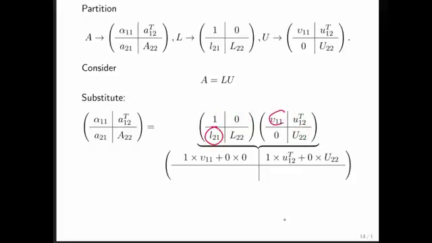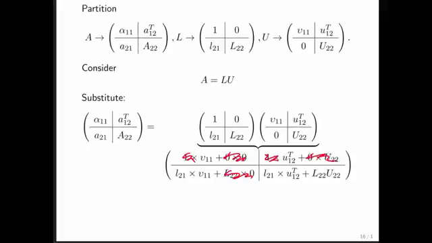This times that plus this times that. And finally this times that plus this times that. And then we can say, oh, but here this is just 0, this is just 0, this is just a 1, get rid of a bunch of stuff.